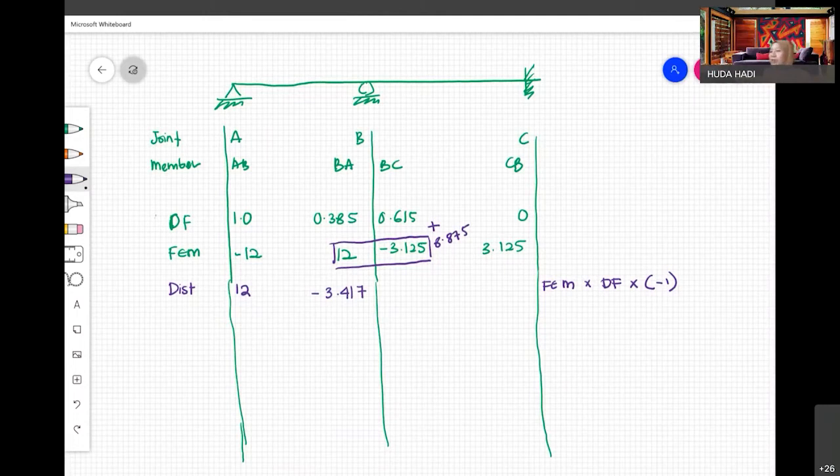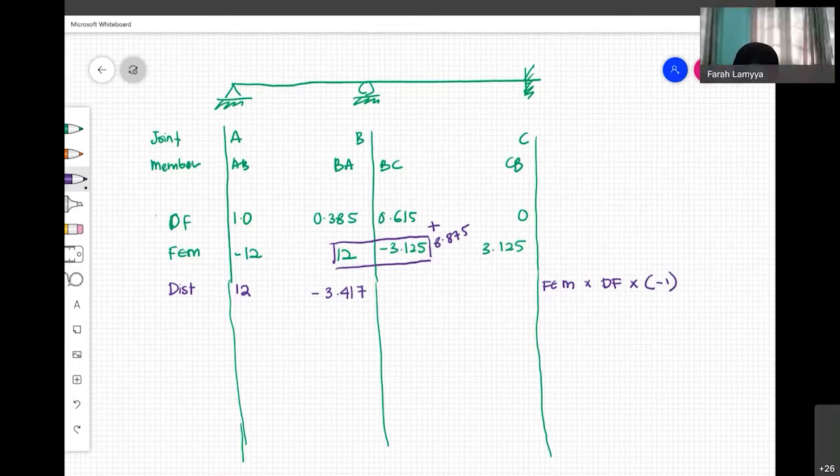Okay. For BC, Farah lah. Ni Farah. Berapa Farah? BC? Negatif 1.923 ke? Kurang tepat. 8.875 tu kan I dah campurkan 12 dengan negatif 3.125, ni I dapat 8.875. You darab dengan the DF which is 0.615 and then you darab dengan negatif 1. 5.458.